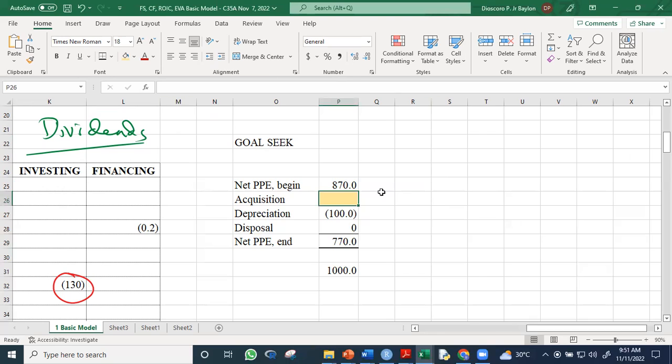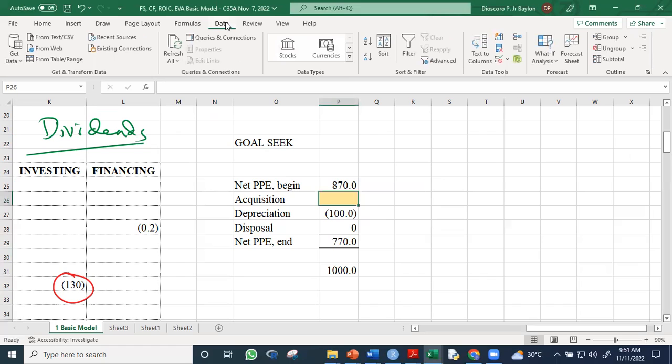If you take a look at your Excel, do you find here the tab data? If you click data, you will find in one of the ribbons here, under forecast, you can find what if analysis. So click this. Let me wait for your chat.